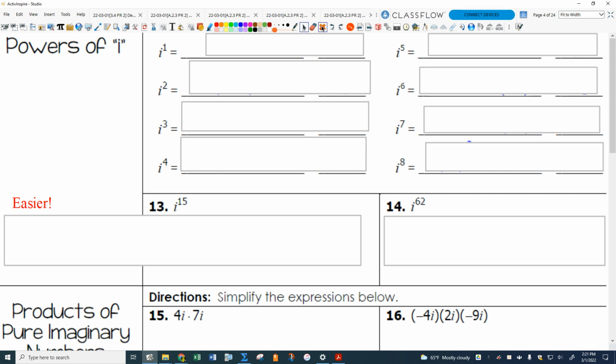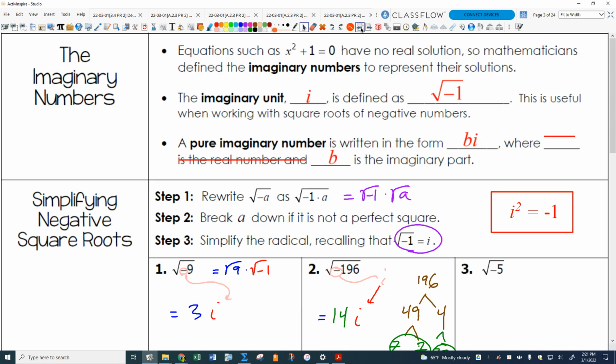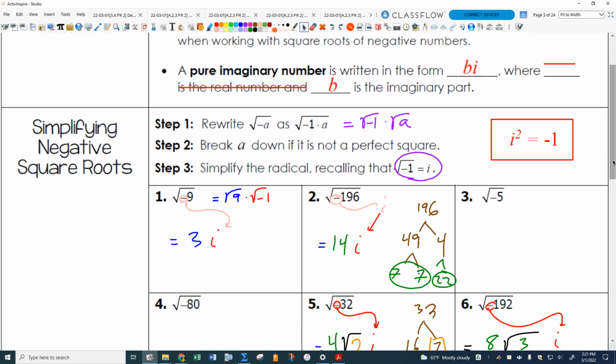Now, the way the notes go through this, they show you something interesting. But before we jump into that, I'm going to give you an easier way to think about these powers. And we can use it to fill out this table. But we know that i squared is equal to -1. Okay? Agreed?